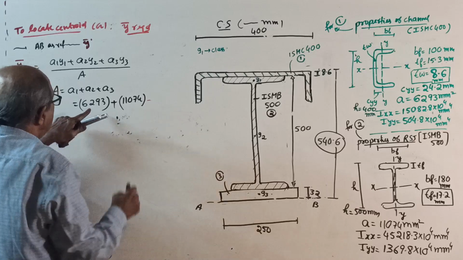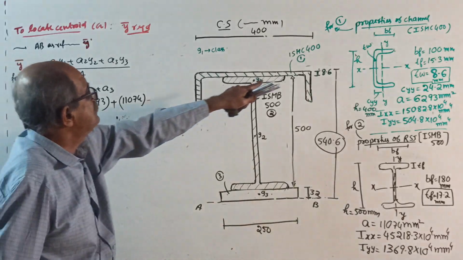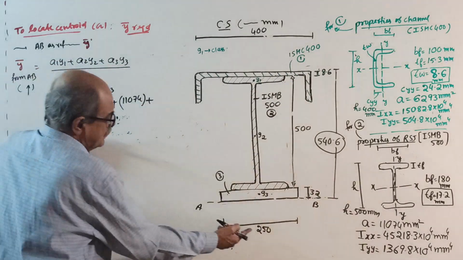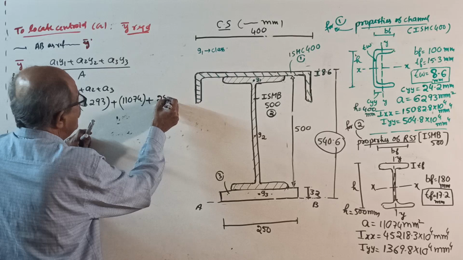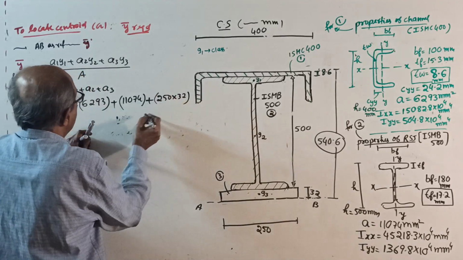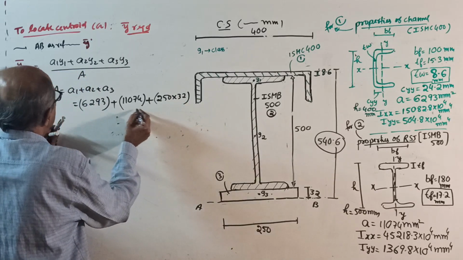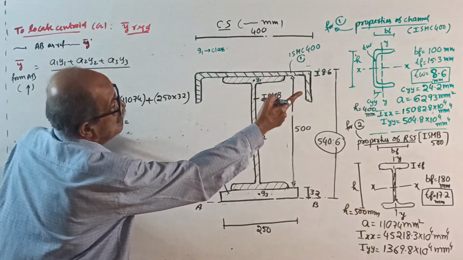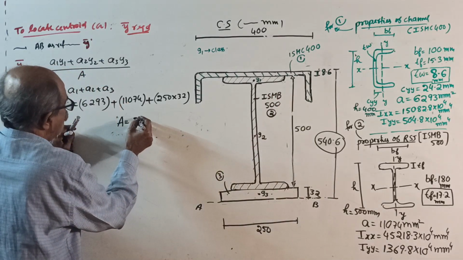You write here, area of the channel, that is the first part here. Area of the I section plus area of the rectangle, 250 by 32. Total area, this will come. How much is there? I noted 25367.